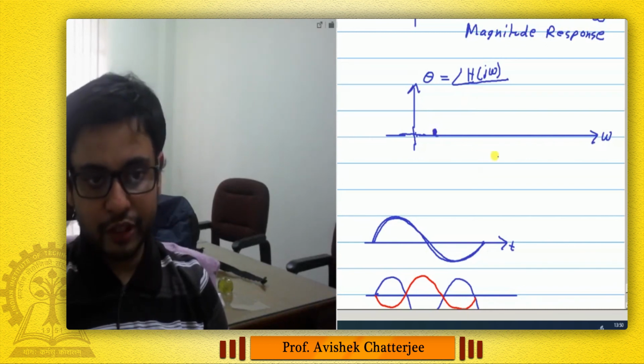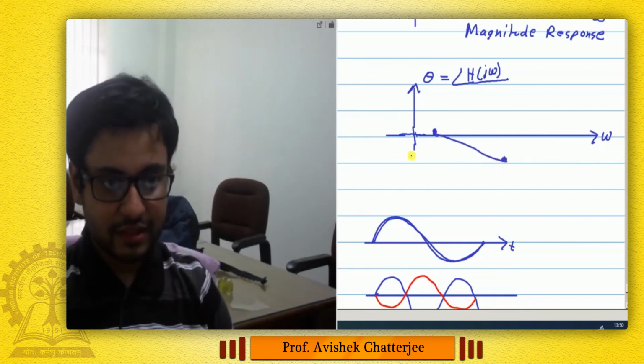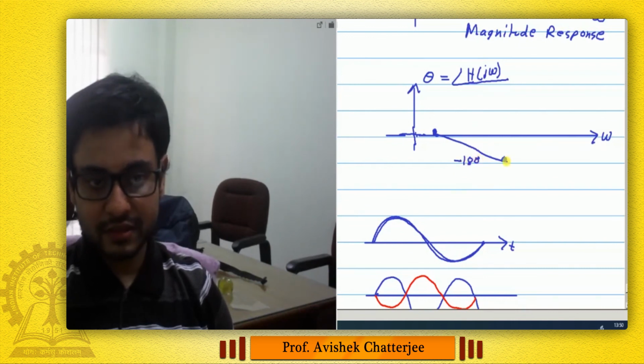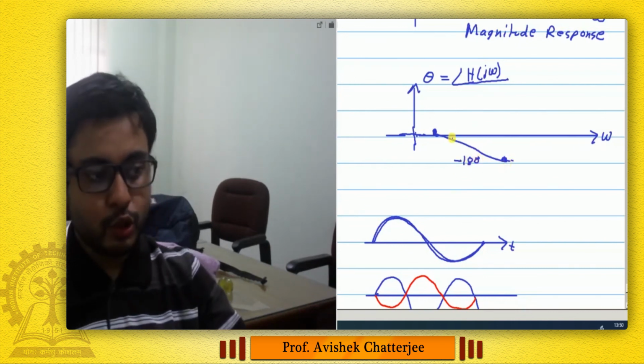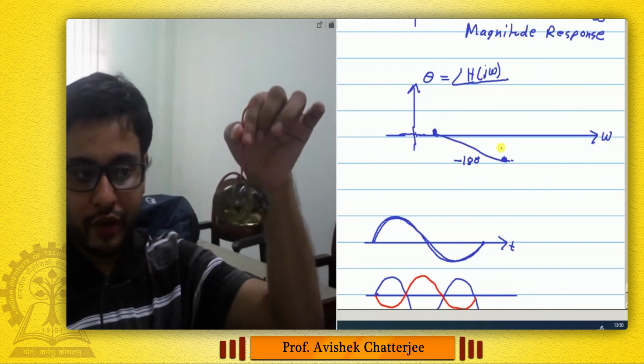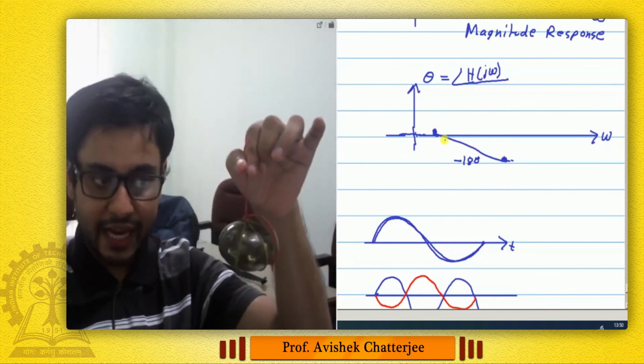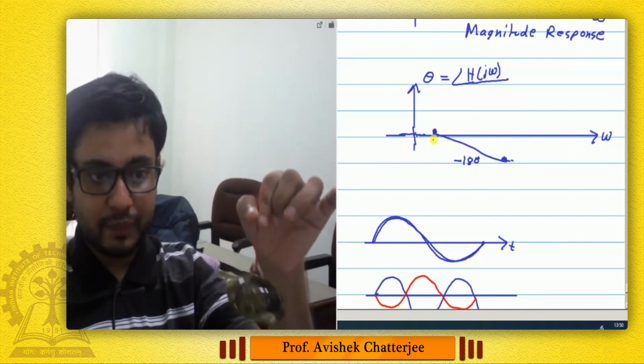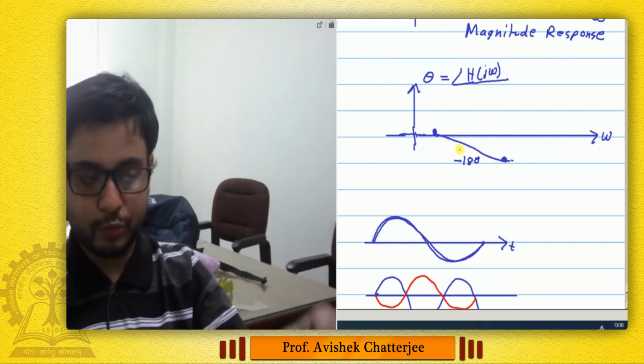So at a higher frequency, this goes down to 180 degrees. This point is minus 180 degrees. Okay, and you can do this experiment for different intermediate frequencies and try to realize what the phase gap is between input and output.